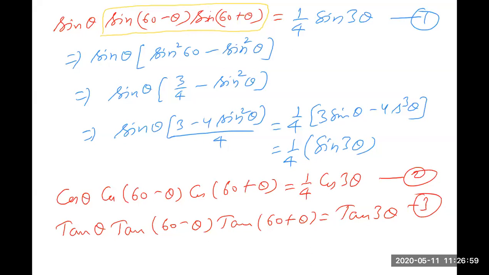So sin theta, sin 60 minus theta, sin 60 plus theta is equal to 1 upon 4 sin 3 theta. So this is in the form of k sin alpha. Whether it is 3 theta or 5 theta, 7 theta, doesn't matter. So what will be the range? Minus 1 upon 4 to 1 upon 4. So note down this question.